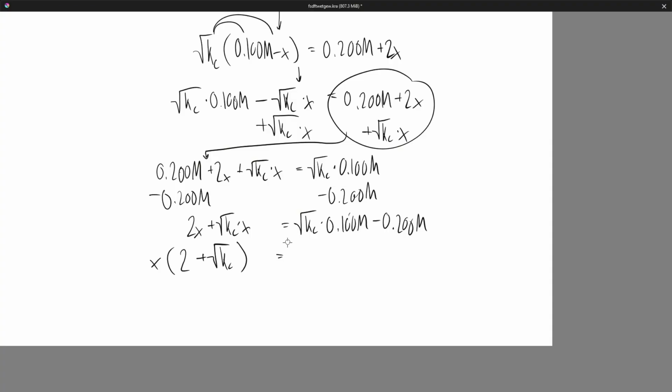And I'm going to do 2 steps in one right here, and not show the work on this side, but it'll be x equals square root Kc times 0.100 molar minus 0.200 molar, all divided by 2 plus square root of Kc. So what I did in this missing step, I just divided both sides by 2 plus the square root of Kc.